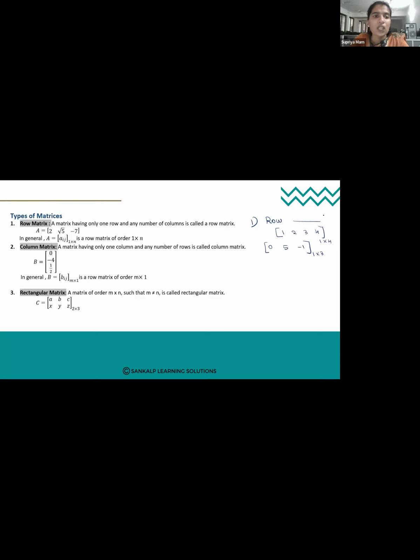Next, column matrix. What is a column matrix? A matrix consisting of single column, any number of rows, is called column matrix. Example, A equal to A, B, C, 3 rows, single column, 3 by 1.